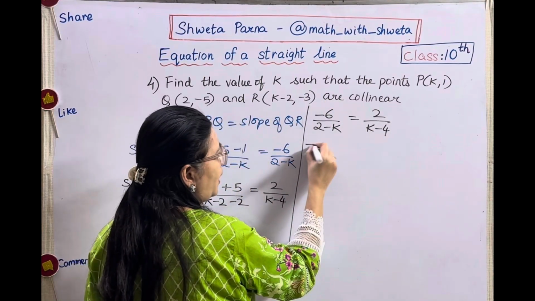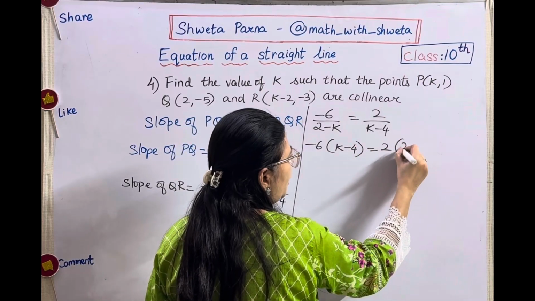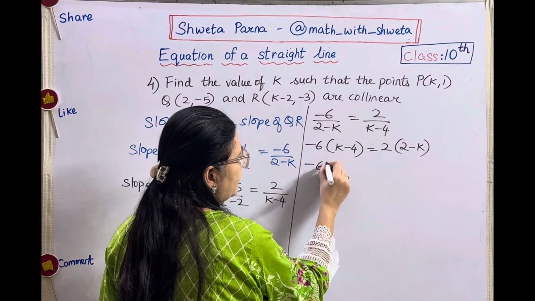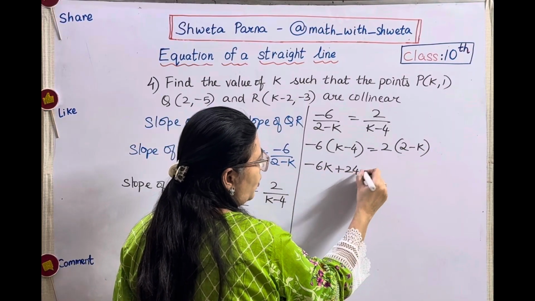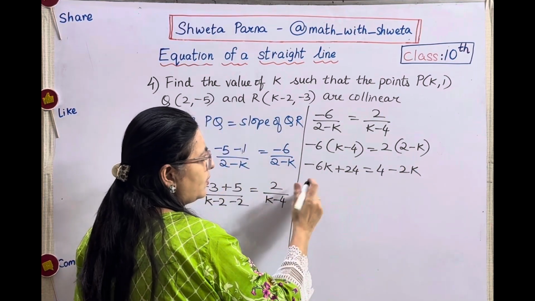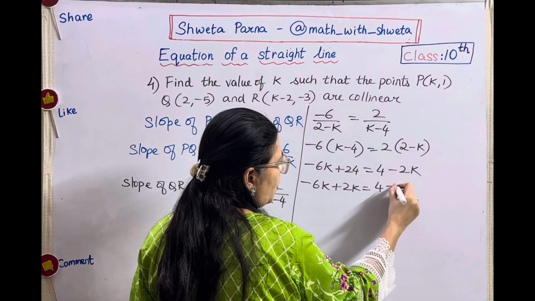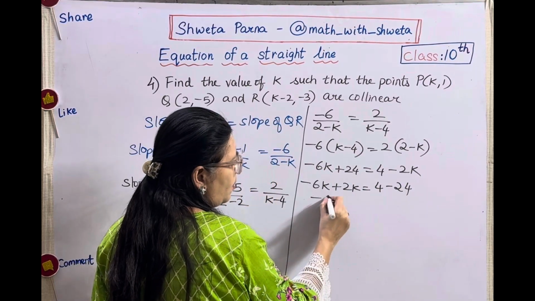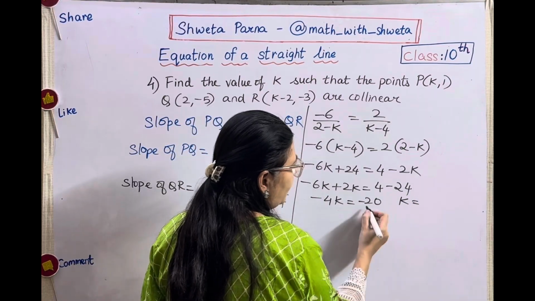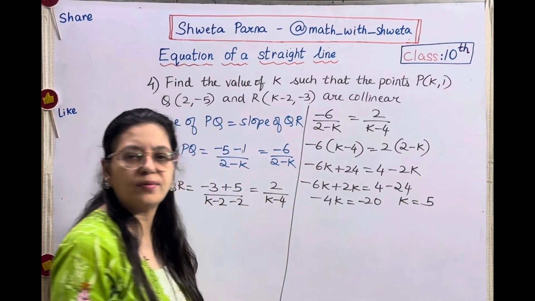Now cross multiply: minus 6 into (k minus 4) is equal to 2 into (2 minus k). Open the bracket: minus 6k plus 24 is equal to 4 minus 2k. Bring this to this side: minus 6k plus 2k is equal to 4 minus 24. Minus 4k is equal to minus 20. So k is equal to minus 20 divided by minus 4, which is 5.